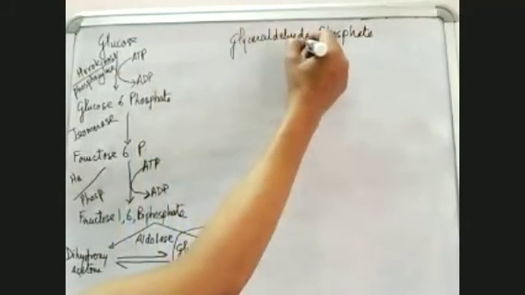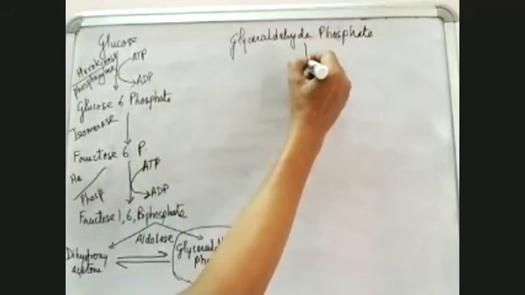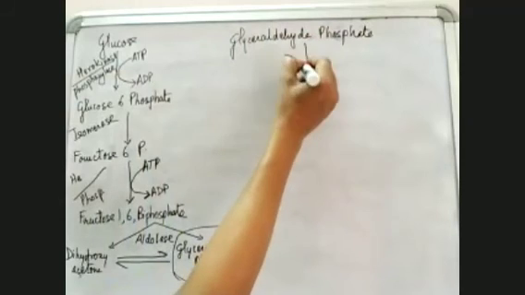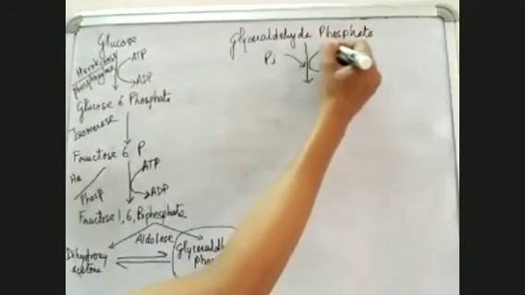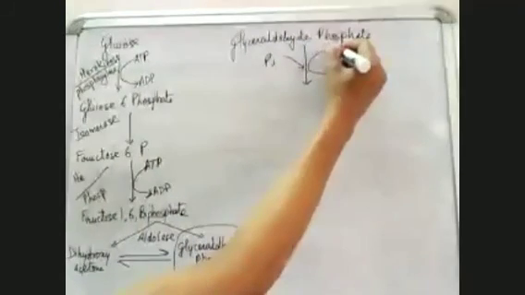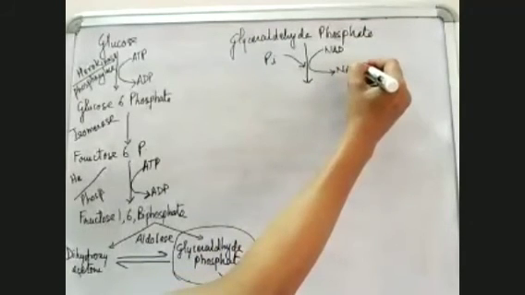It takes up inorganic phosphate and, from NAD, NADH is formed twice.